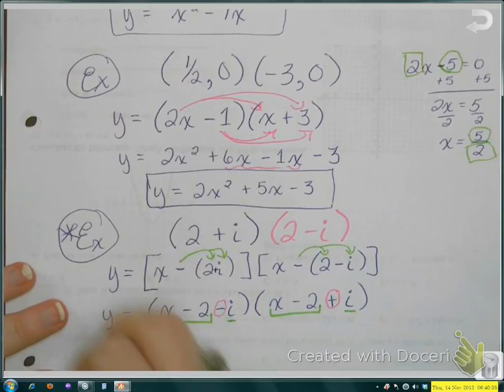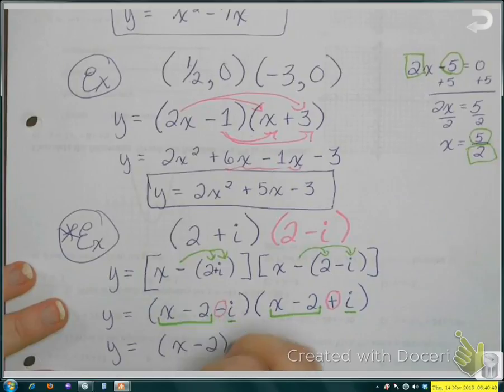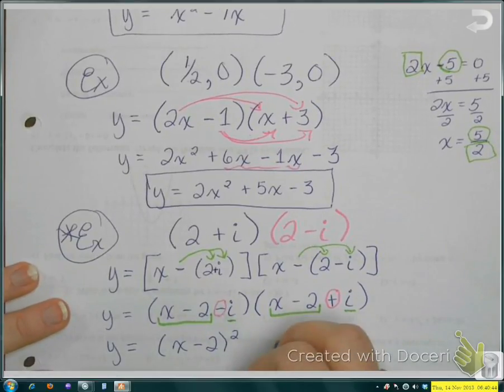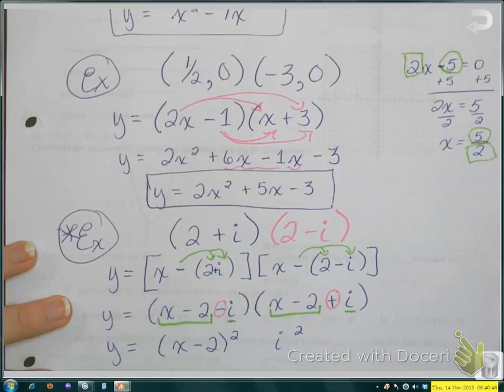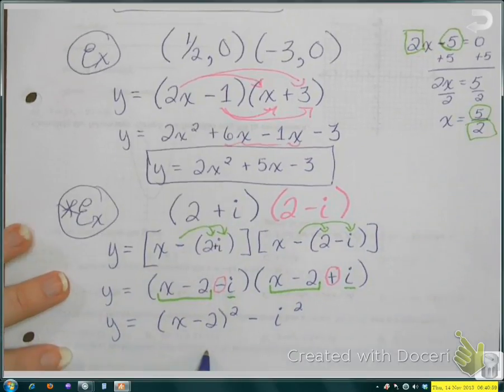So we're going to treat this as the difference of two squares. Working backwards, that means I should have x minus 2 squared, and then i squared. Now the plus and the minus, positive times negative, gives you a negative sign right there. And now we're going to actually FOIL this out.